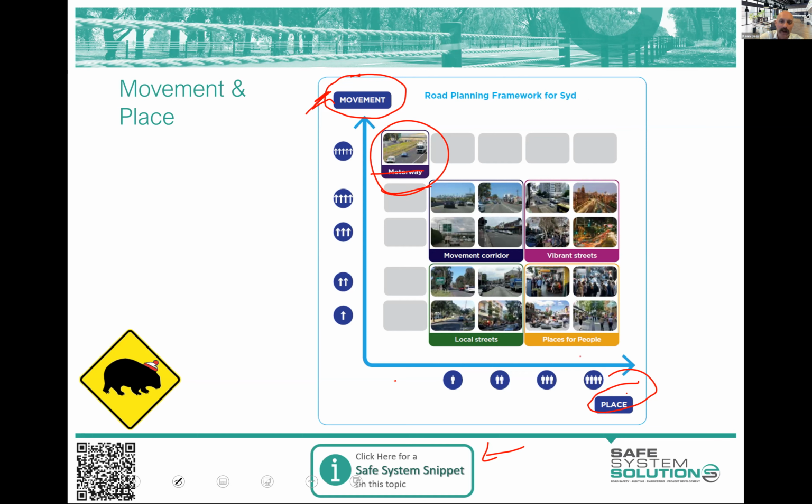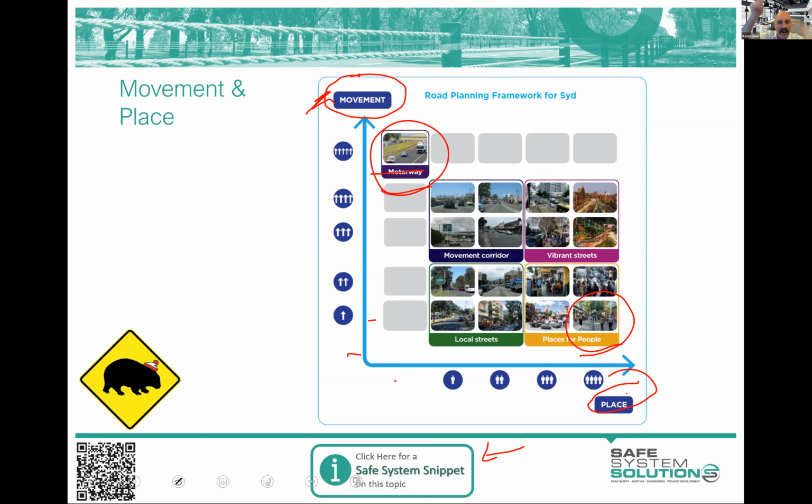Right down the other end, where it's just place value and either has very little or no movement function, we're talking about your malls, your areas where it's all about that congregating, socializing, catching up, having a coffee, buying, and all of that.